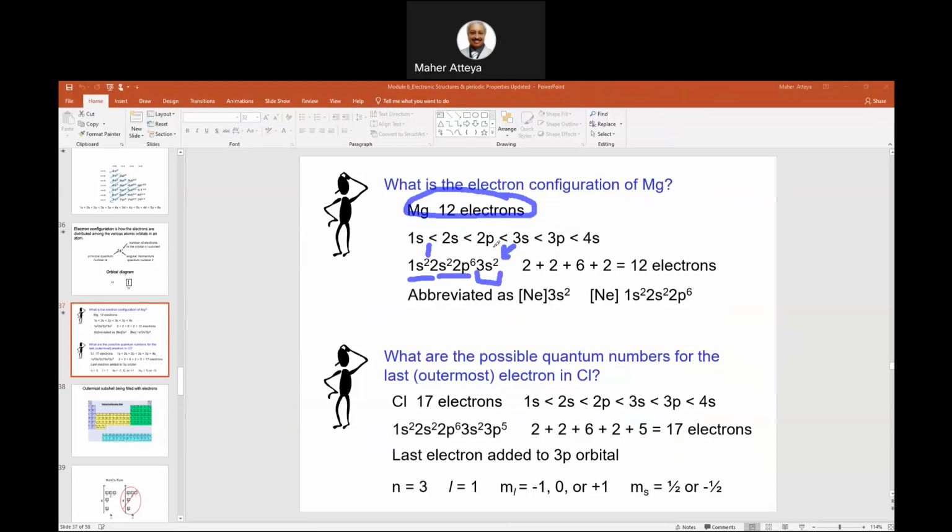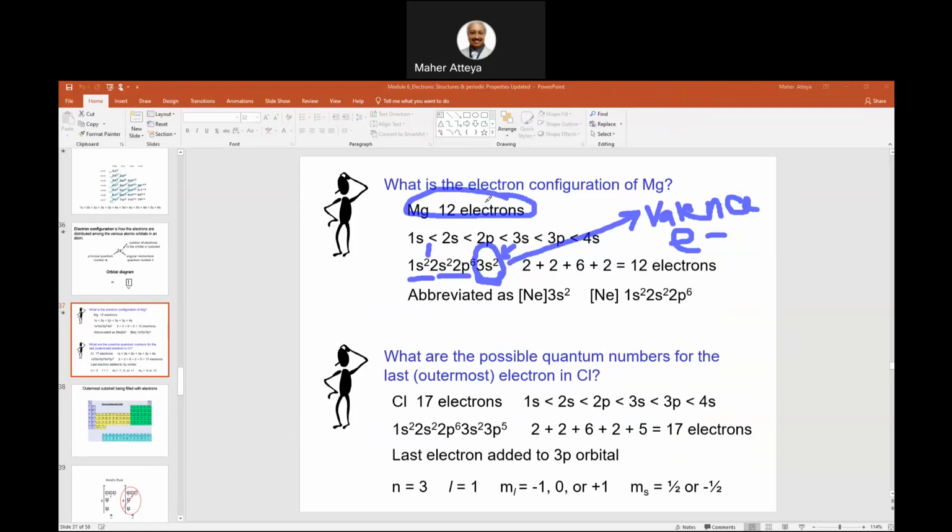So the 3s2 you will see in the next chapter; it has a special name called valence electrons. Valence electrons are equal to the number of the group.